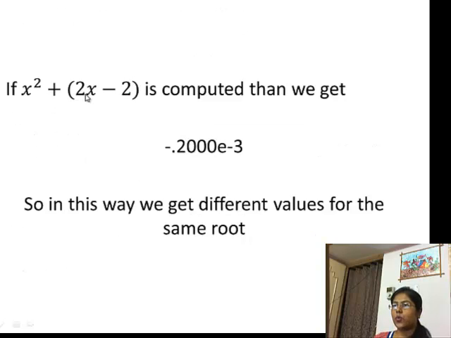So if x square plus 2x minus 2 is computed, then we get minus 2 minus 0.2000 e to the power minus 3. So in this way we get different values for the same root.